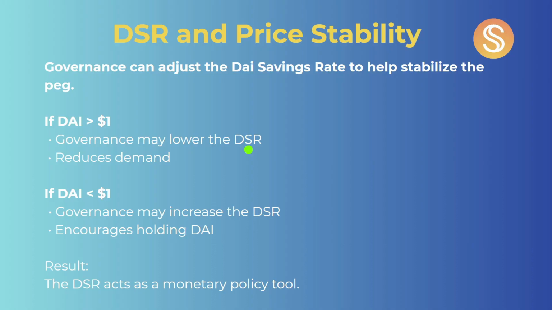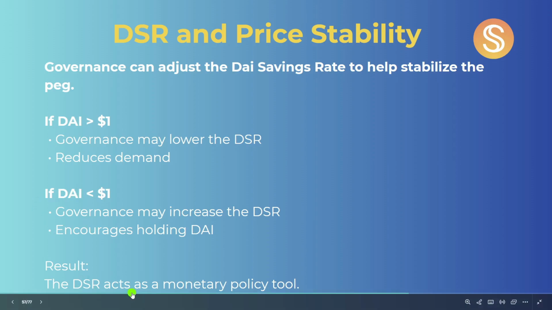So there is a reduction in demand, and of course we bring down the price. In this case, if DAI is less than $1, we want to increase the DSR, so we encourage holding of DAI and the price increases. So the DSR acts as a monetary policy tool.